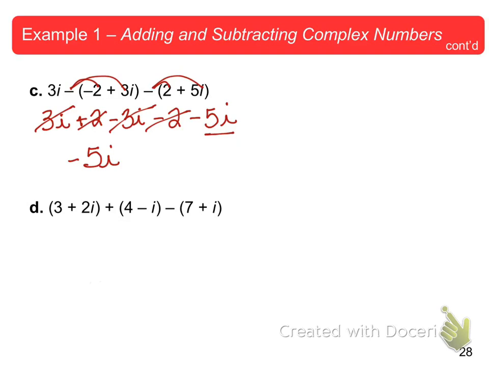Okay, my next one, I only distribute here. My first 2 are added, so I just have 3 plus 2i plus 4 minus i minus 7 minus i. Okay, 3 plus 4, what's 3 plus 4?